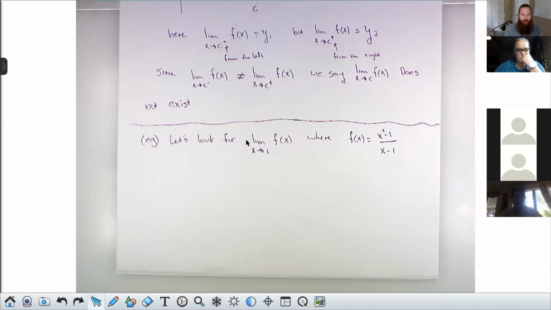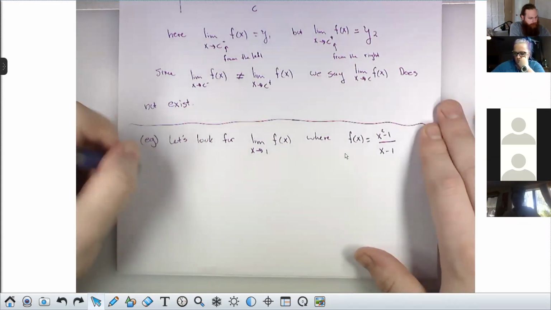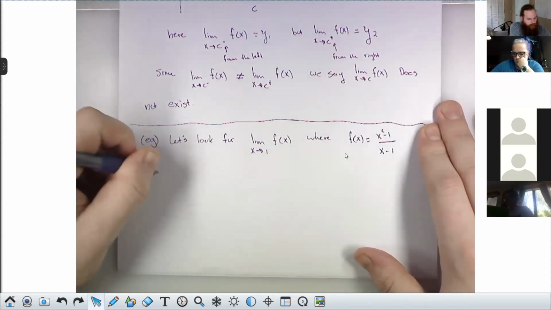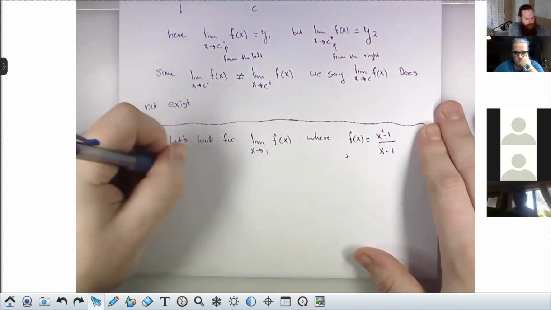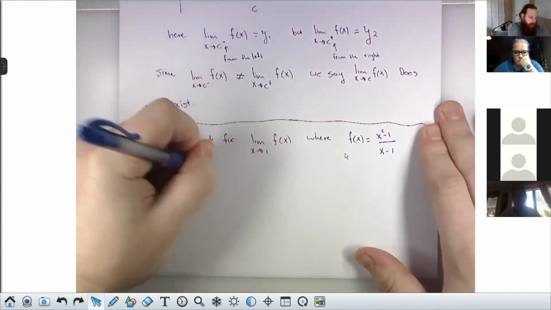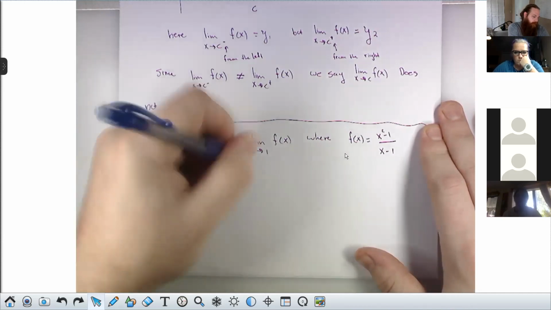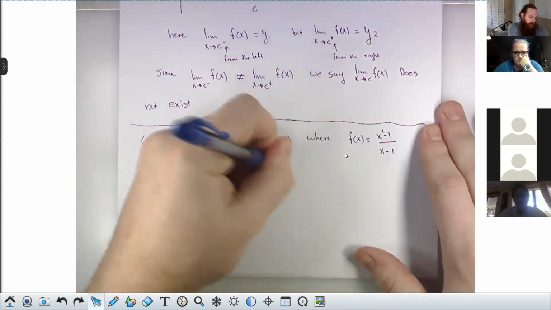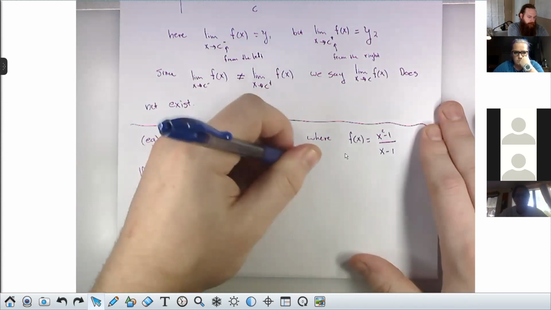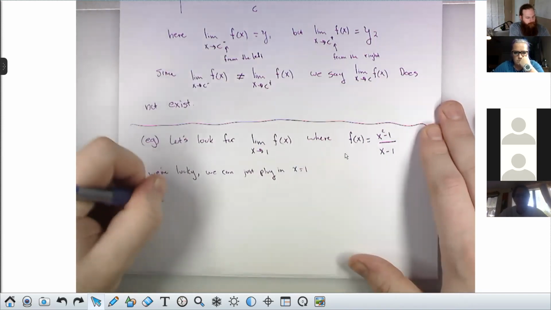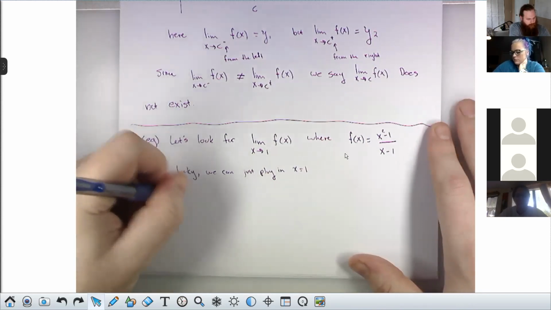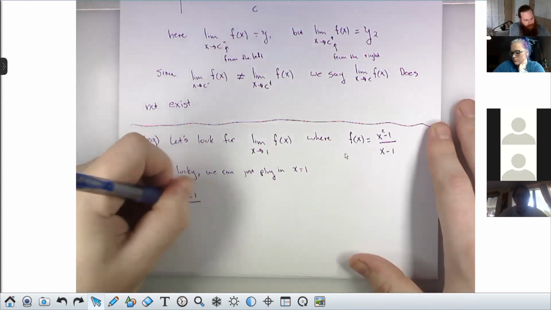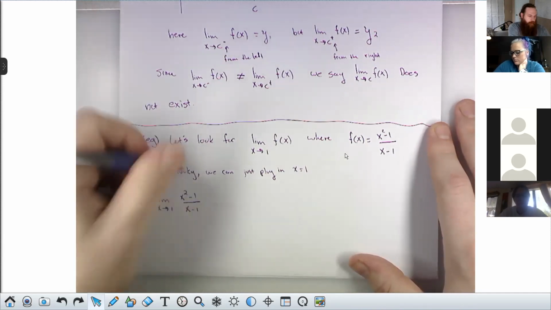When asked to calculate a limit, the first thing we should try to do is just plug in that x value. So if we're lucky, we can just plug in x equals 1. Let's see, so the limit as x approaches 1 of x squared minus 1 over x minus 1.